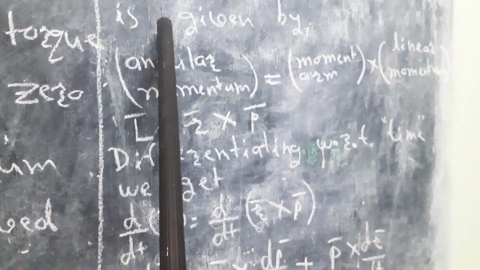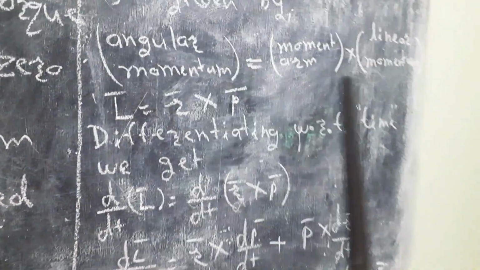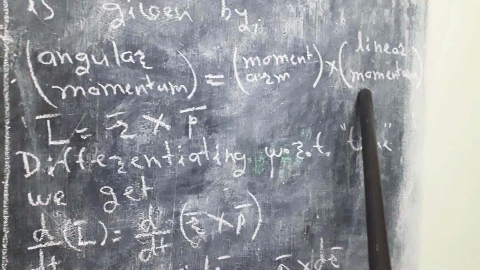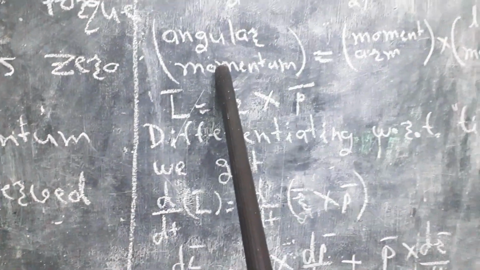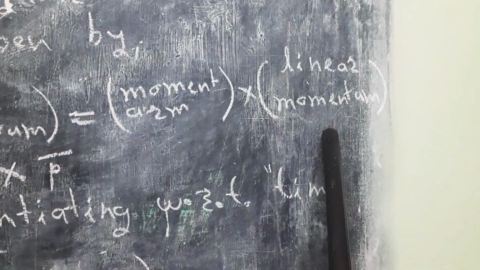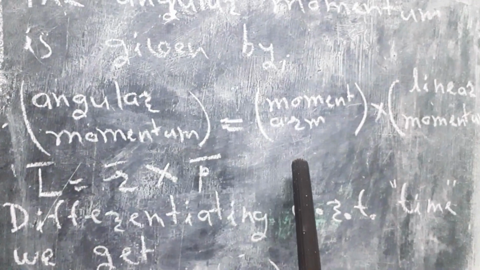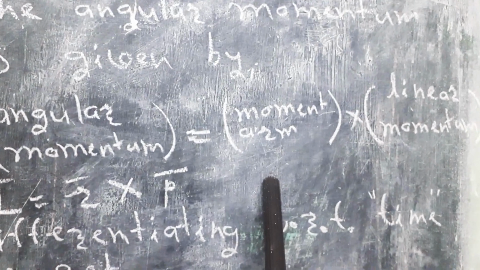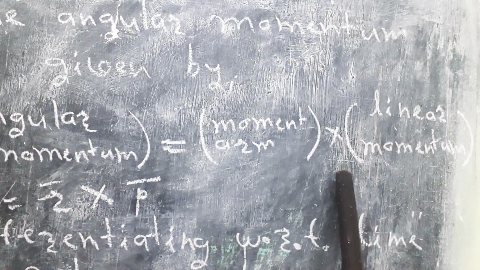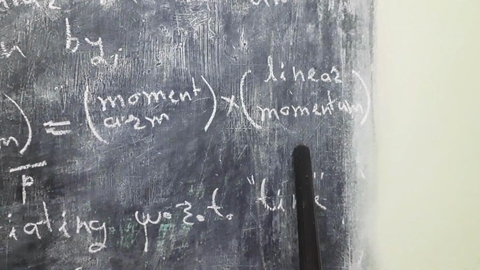To prove this, we should know the relation between angular momentum and linear momentum. The relation is given by: angular momentum is equal to moment r, that means distance, cross product, linear momentum.